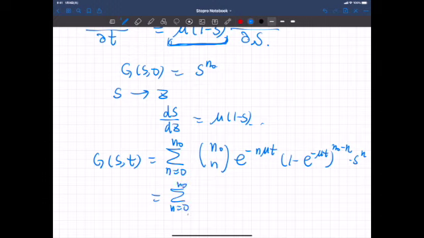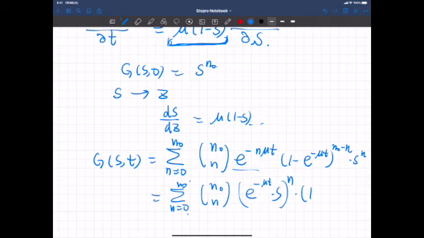So n varies from 0 to n0, and this coefficient is n0 choose n, and this one is e to the power of negative mu t, everything to the power of n, and 1 minus, wait a minute, maybe I shouldn't put s here, and 1 minus e to the power of negative mu t to the power of n0 minus n.